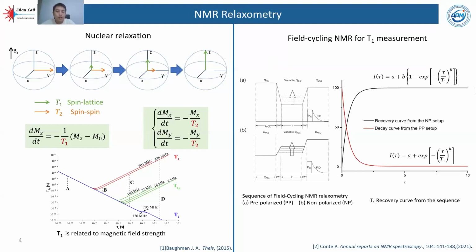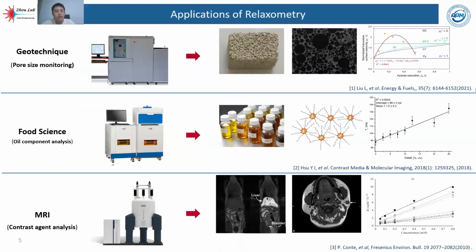And then we can get a recovery curve or decay curve, and we can fit it and get the T1 of the sample. The measurements of T1 have been studied and applied very extensively, such as monitoring the pore size in geotechnics, analyzing the oil component in petroscience, or designing the contrast agent in MRI.